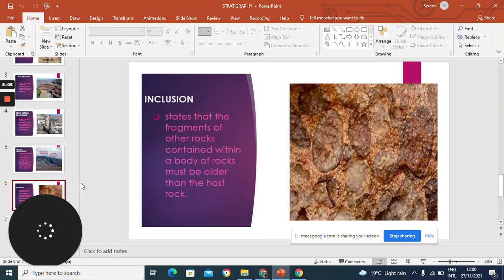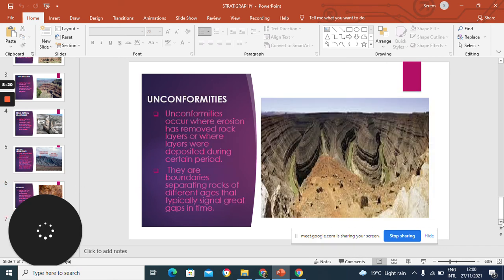After that, we looked at the principle of inclusions, where the rock segments that exist within host rocks are older than the host rock. After that, we looked at unconformities. Unconformities are basically boundaries that separate various layers of rocks.